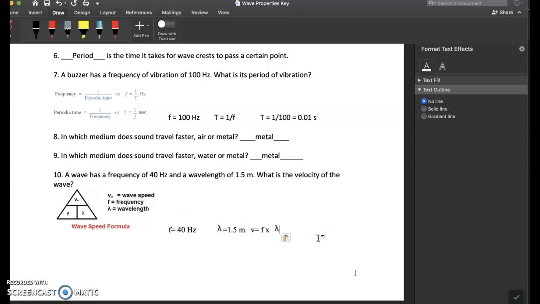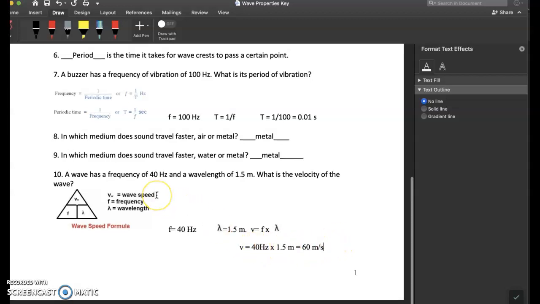So when I plug it in, what I end up getting is this. I'm just going to do it underneath so you can see. Wave speed is equal to 40 hertz times 1.5 meters, which is equal to 60 meters per second. And that is my wave speed.